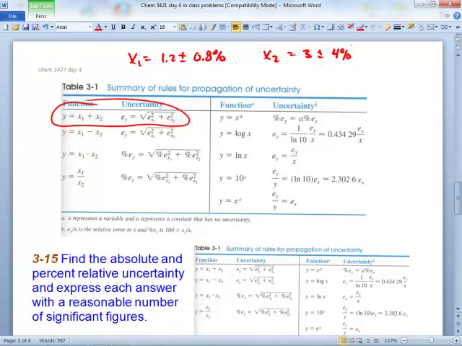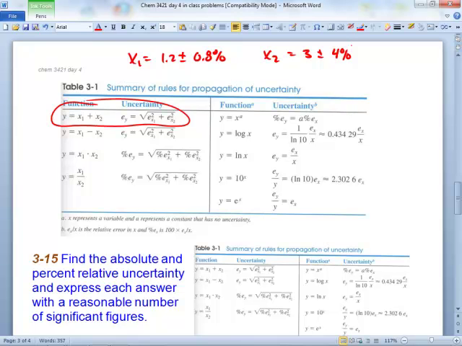And when you get your result, is that an absolute uncertainty or a relative uncertainty? That little EY. It's absolute, and how do you know? There's no percent symbol up there. So when you get your answer, it's really nice because you can report it to the right number of sig figs right away.